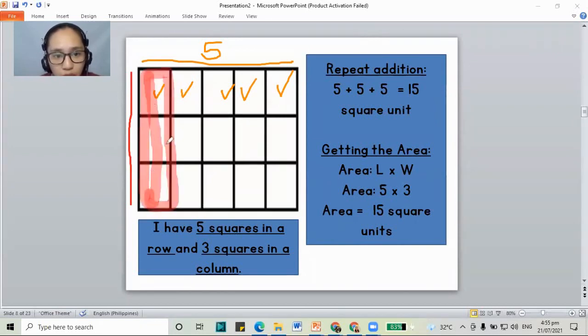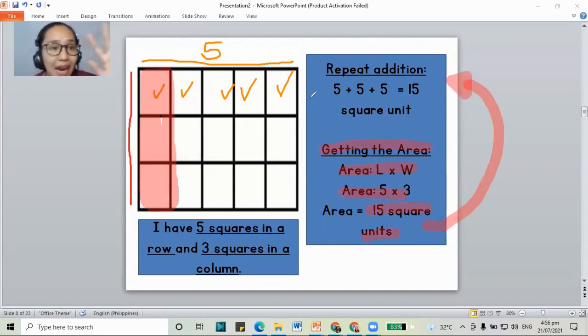So if we multiply first for the area, that is length times width, we have 5 times 3 to get 15 square units. How about if we do repeat addition? This will also be 5 added 3 times to get 15 square units.